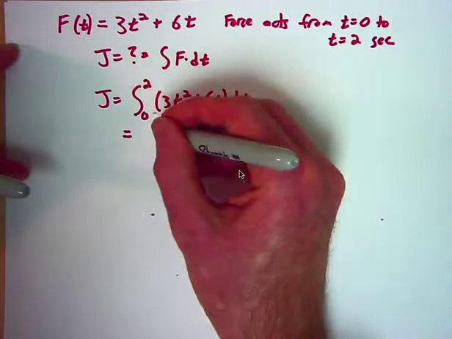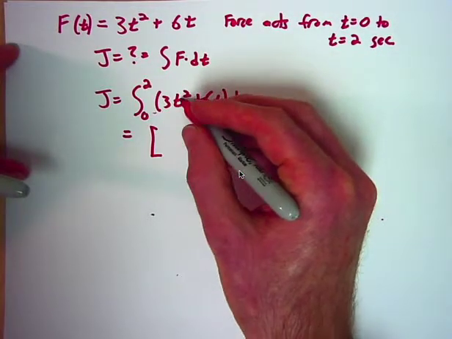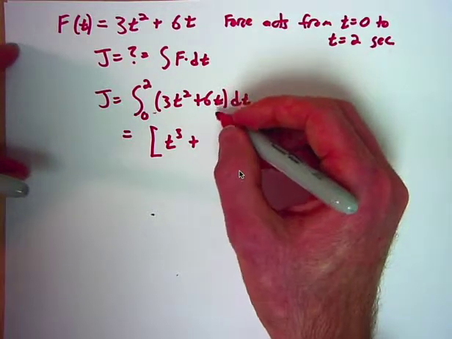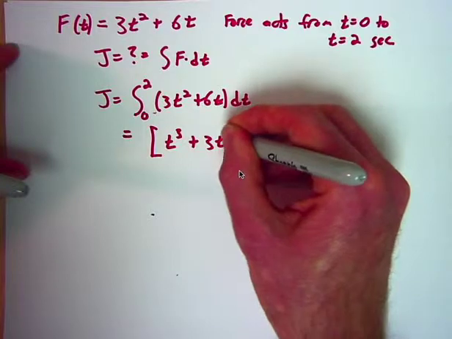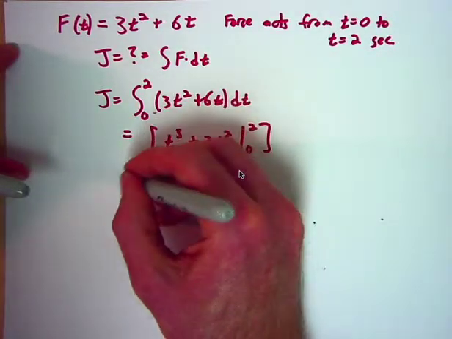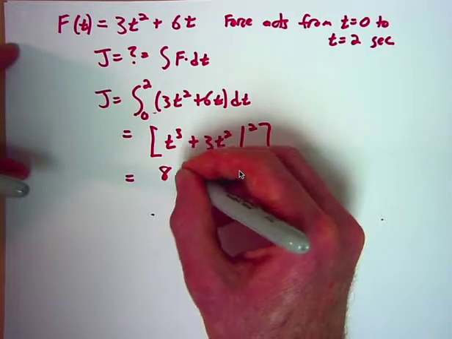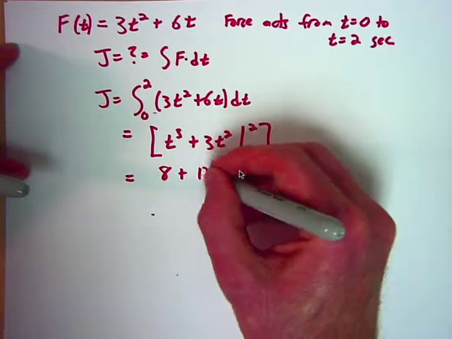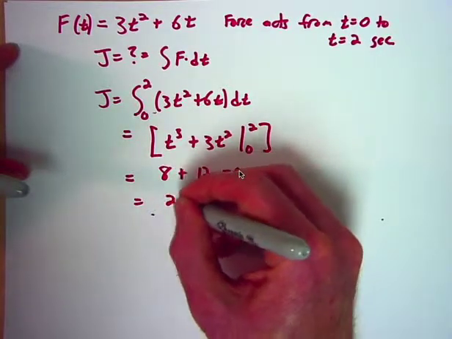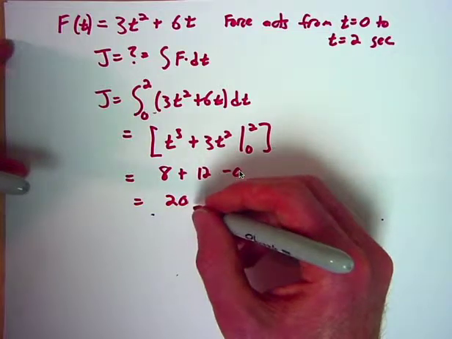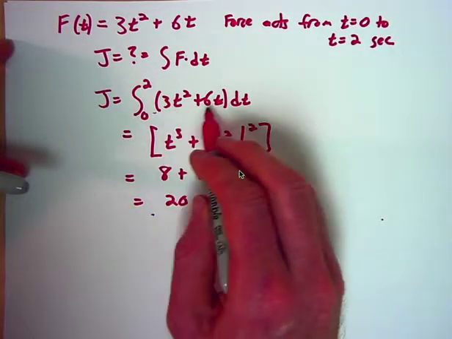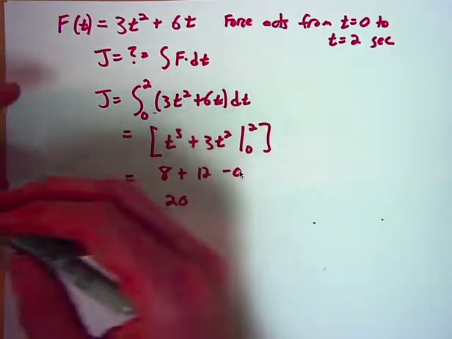That's just going to get us t cubed plus 3t squared, and we're going to evaluate that from 0 to 2. So that's going to get us 8 plus 12 minus 0. That gives us 20. So that's the impulse right there. That's the change in momentum. All we had to do is know what the equation of the graph was, and then we could figure it out from there.